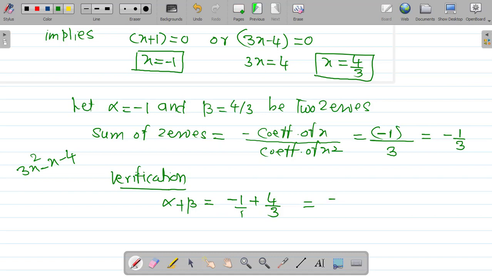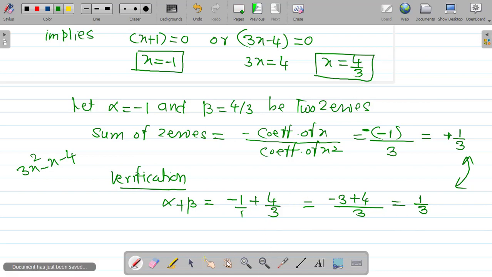This will be minus 3 plus 4 by 3. So this will be plus 1 by 3. So here the relationship is verified. Okay, we forgot this sign, that is minus sign. So minus minus will be plus.